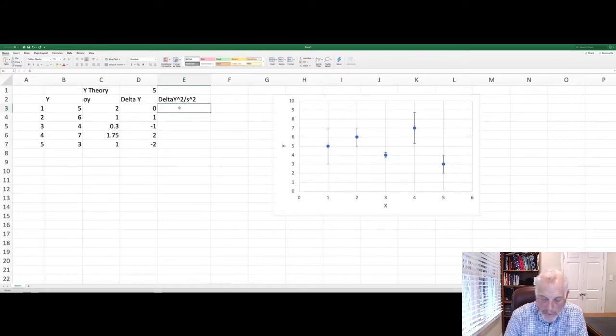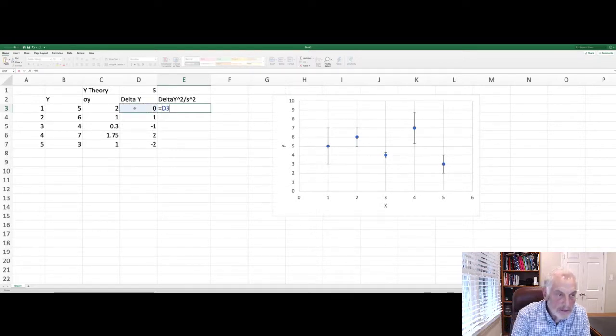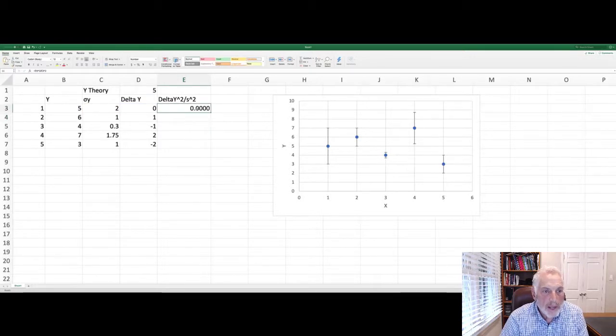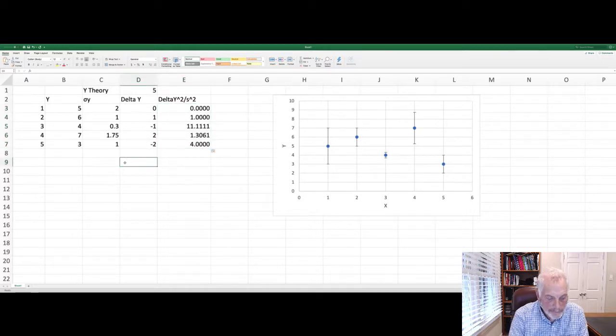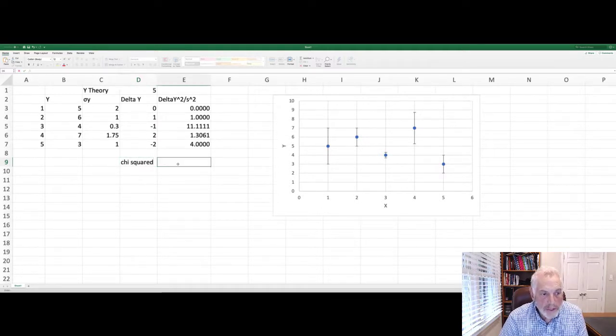This is equal to this squared divided by this squared. And so we copy that down, and we can say that chi-squared is equal to just the sum of this.